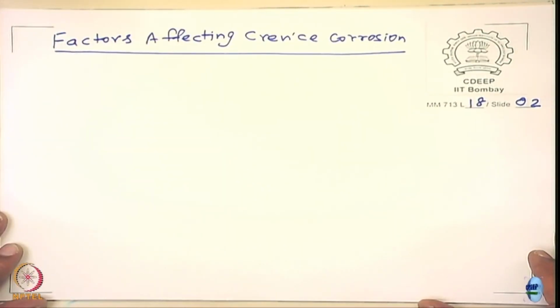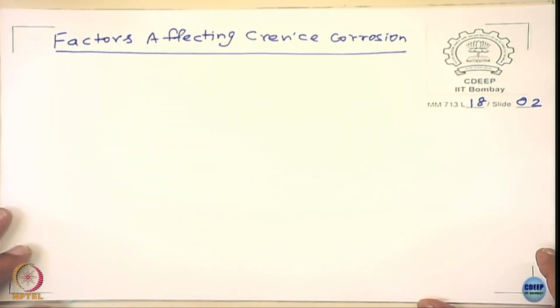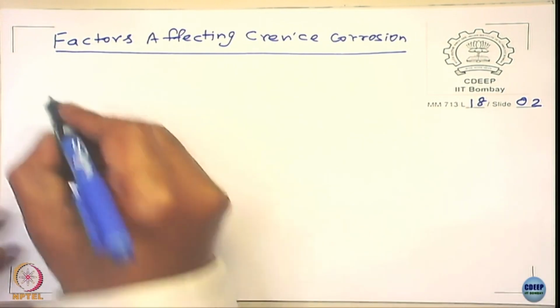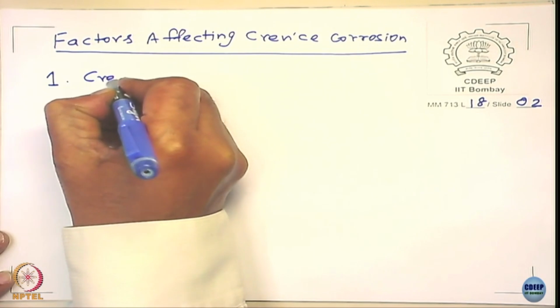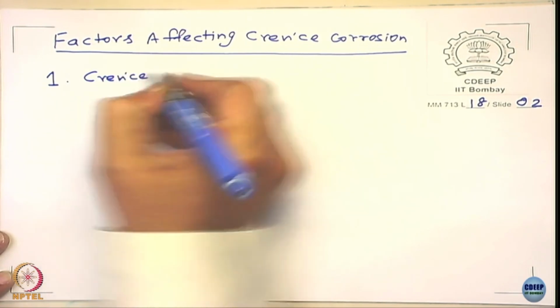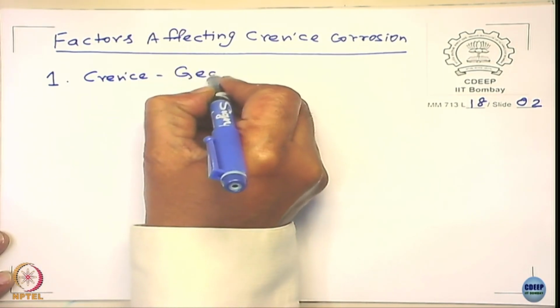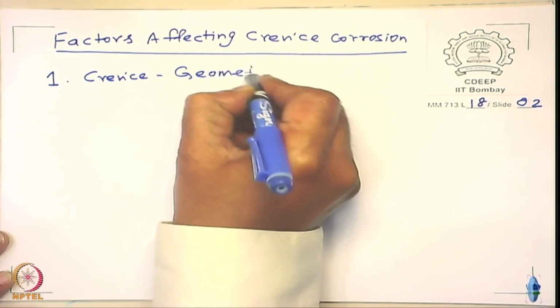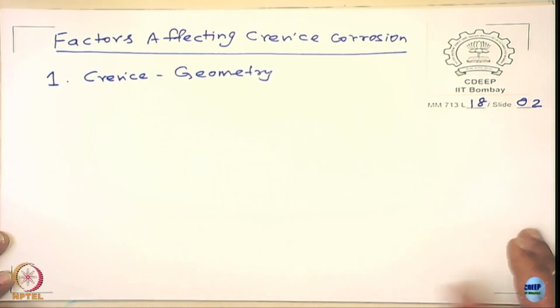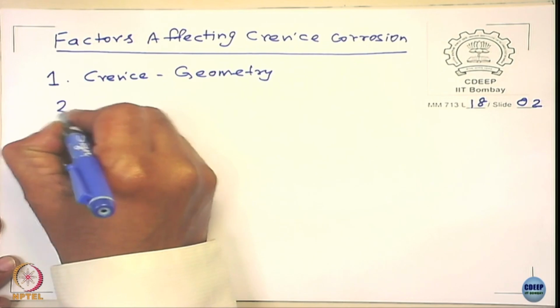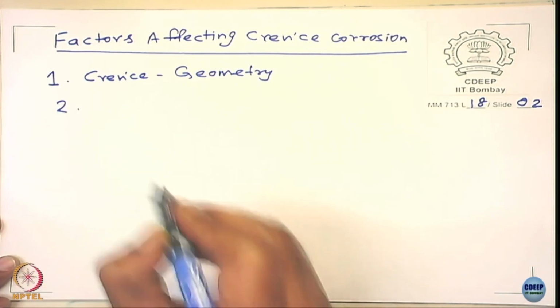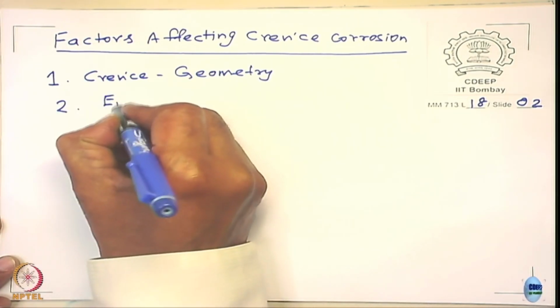It is very interesting that the foremost important factor is the crevice itself, the geometry of the crevice. The second factor is the environment.